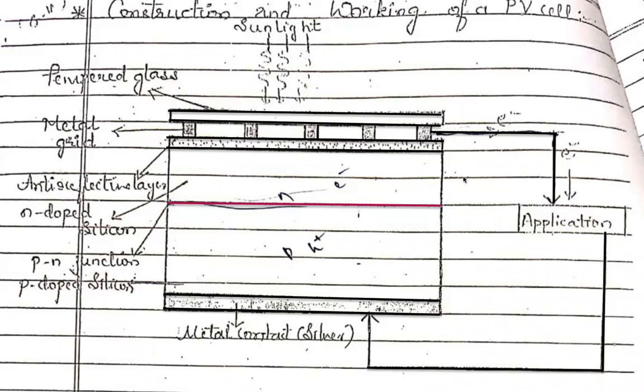These are made up of semiconducting materials, and the material used in these solar cells is a semiconductor called silicon. So with this introduction, let us go for construction and working of a photovoltaic cell.